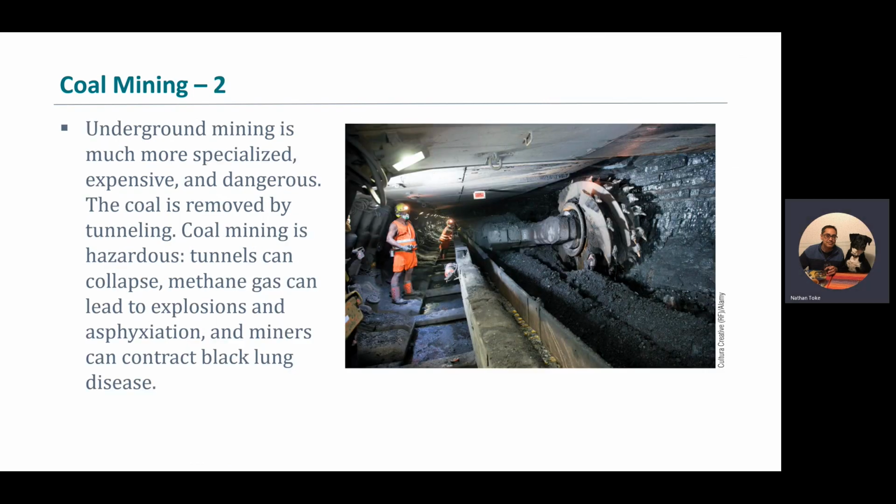If it's deeper than 100 meters down, it tends to be underground mined. And so then you want to have a really rich bed or beds of coal, and we'd tunnel through and extract the material. This can be risky because sometimes tunnels collapse.